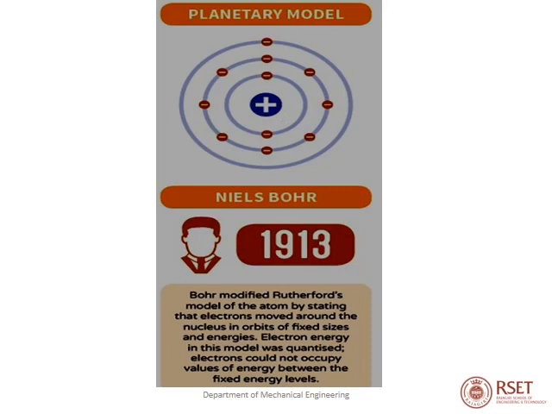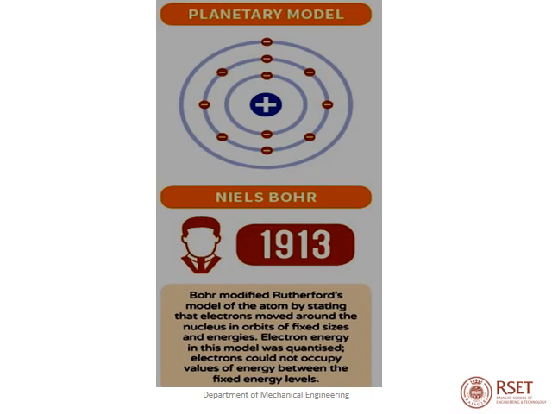Then there is the planetary model, done by Niels Bohr. It was widely accepted at the point of discovery. In 1913, he modified Rutherford's model of the atom by stating that electrons moved around the nucleus in orbits of fixed sizes and energies. Electron energy in this model was quantized. Electrons could not occupy values of energy between the fixed energy levels.